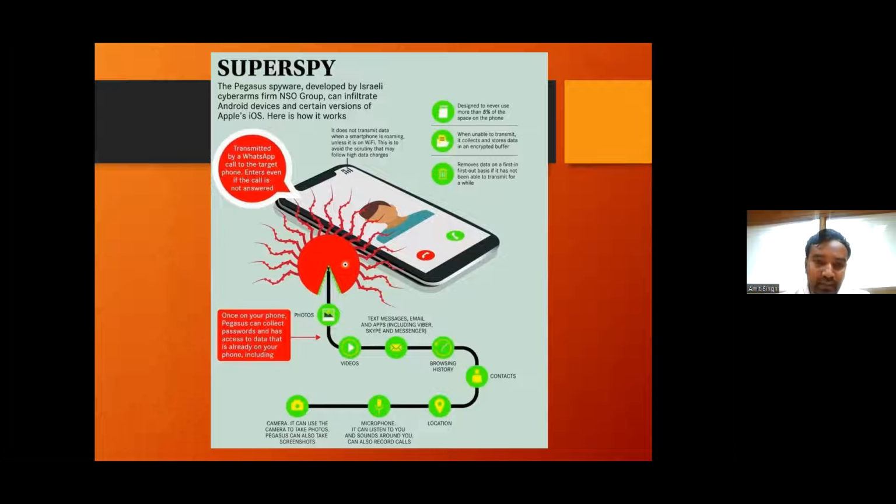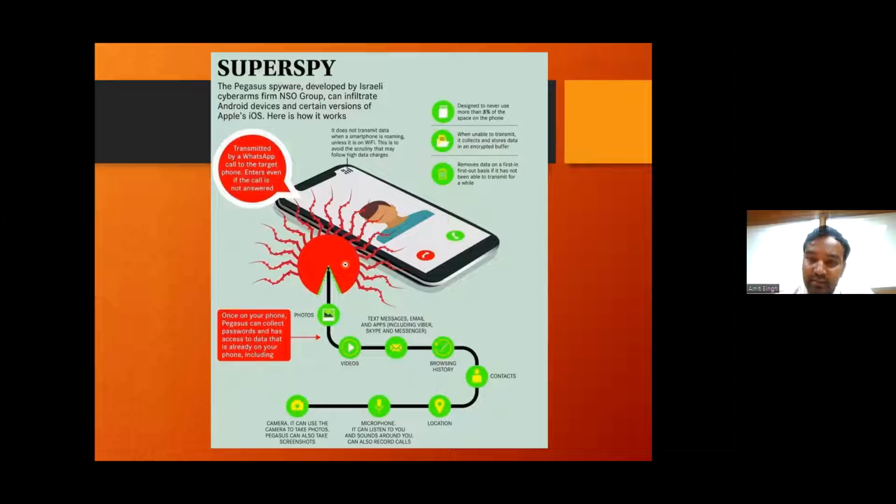From there, it goes to the root of the OS. It extracts the 0-day vulnerability present in the iPhone as well as in the Android, and it can explore the photos, videos, browsing history, and then it goes on to take every piece of information from the phone, and then it starts communicating the same information to the hacker.